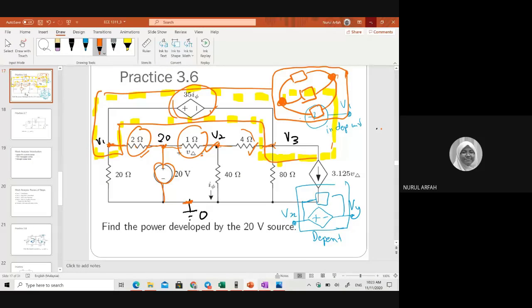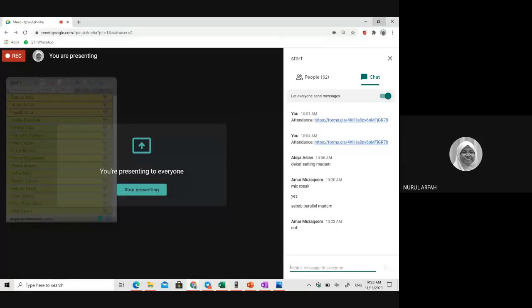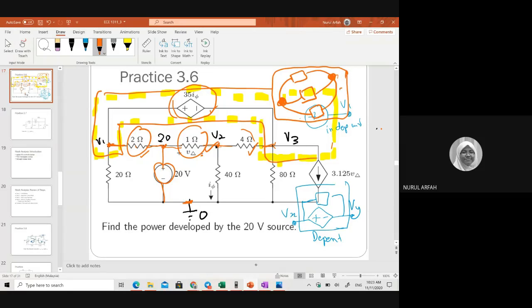Amar? No, right. They are not, because if you want it to be parallel, this is the condition. Go back to the theory. Theory says any elements, when they are connected end to end like this, they are in parallel. So obviously 2 ohms, 1 ohms, and 4 ohms are not in parallel.